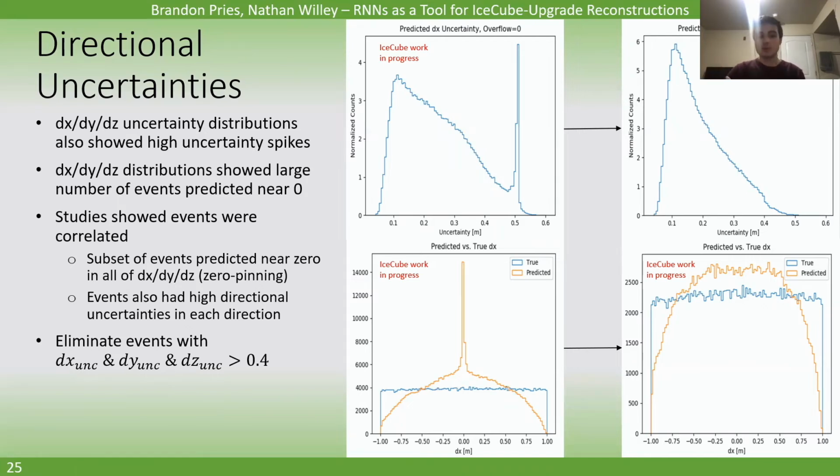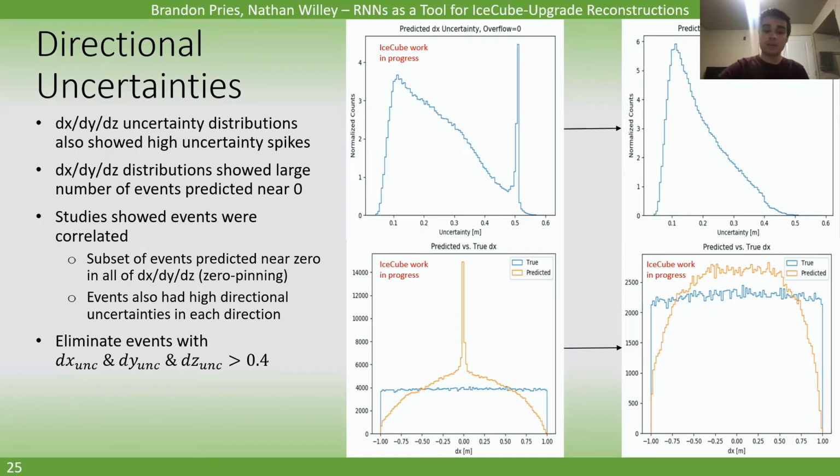And it turns out, doing some more digging, that the high uncertainty feature appeared in dx, dy, and dz, and was also mostly correlated with a 0 in dx, dy, or dz. So these were all correlated together. What this means is the RNN has some events that it doesn't know what to do with, and it says, okay, well, you're 0 in x, y, and z, with a high uncertainty.